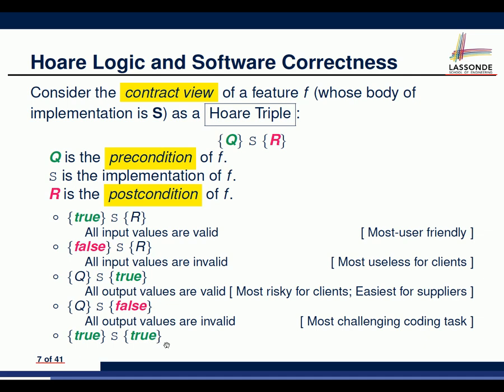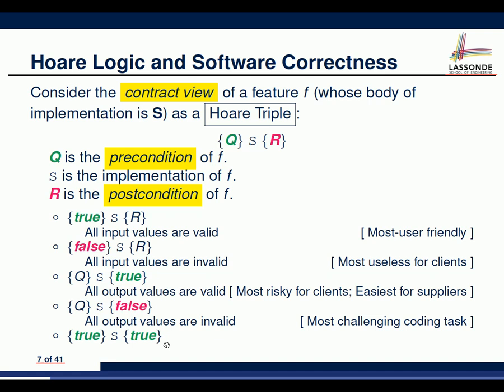When we have the pre and postcondition both being true, the program is always correct, which means it doesn't matter what you put in S, because you are completely unconstrained on the input and output. Of course, it is correct. Again, correctness is a very relative notion. Without some very complete and appropriate pre and postcondition, it is really hard for you to judge if things are correct or not, or even appropriate. Okay.